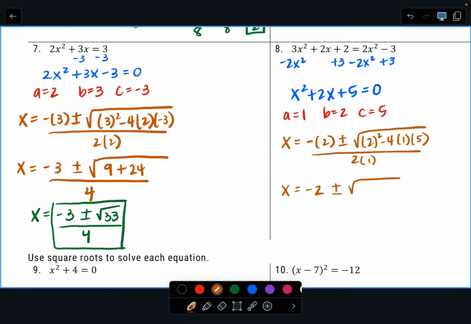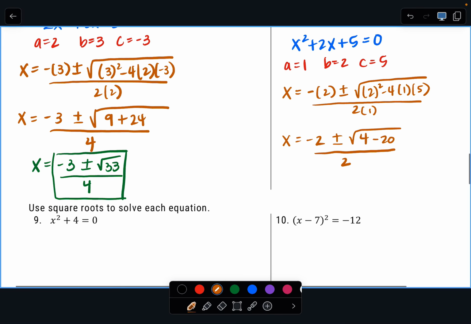Wait, 16 is in the square root. Wait, hold on. Can I simplify that radical?